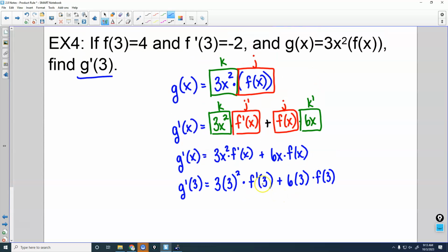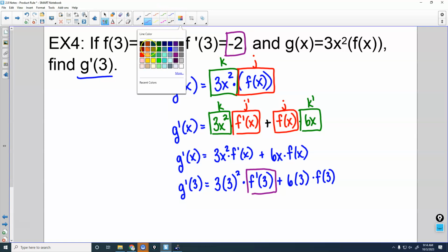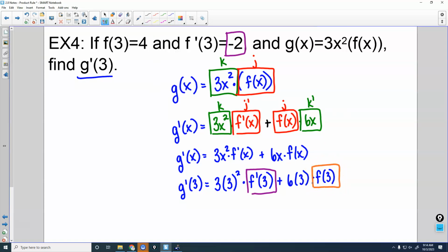Now, I don't know what the function f is, but do I know f prime of 3? They gave it to me up here. F prime of 3 is negative 2, right? And I've got this f of 3 over here. I do not know what the function is, so I can't plug 3 into it, but do I know f of 3?